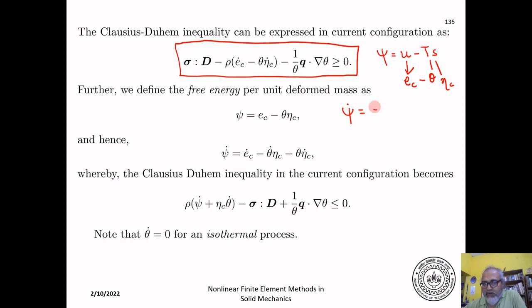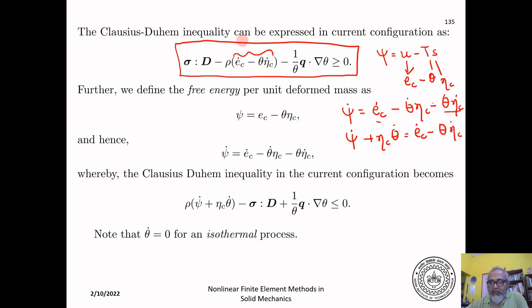The total derivative of psi is EC dot minus theta dot eta C minus theta eta C dot. So EC dot minus theta eta C dot can be replaced by psi dot plus eta C theta dot.